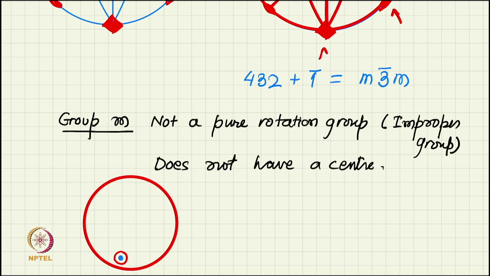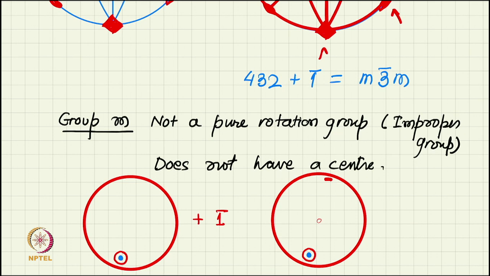If I add a center of inversion, m plus 1 bar, then on the other side you will generate a red circle and a blue dot.